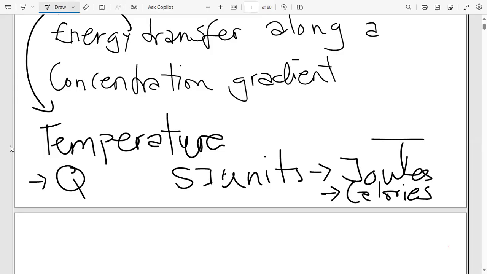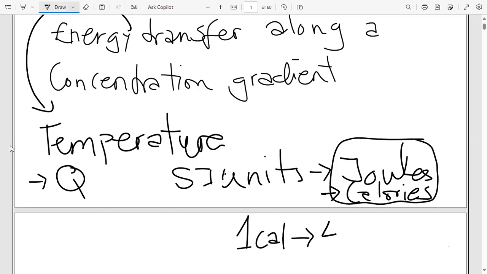And we can convert between these two units of measurement of heat such that they have a certain relationship. To say 1 calorie is equal to 4.184 joules.